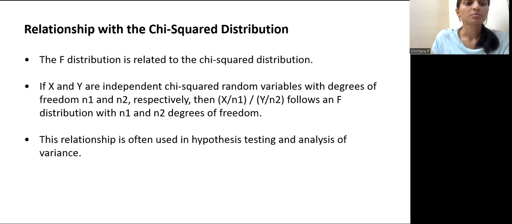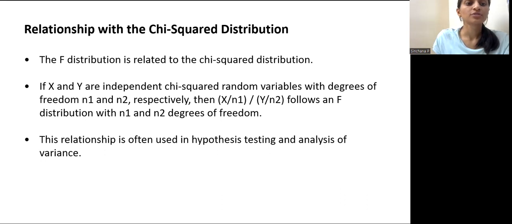Power. It is more powerful than other tests, particularly when comparing means from more than two groups. This means it's better able to detect true differences when they exist, reducing the likelihood of type 2 errors, or false negatives. Robustness.